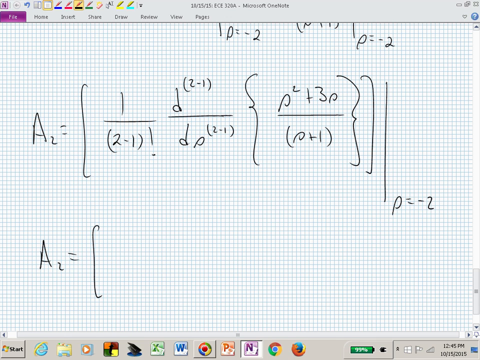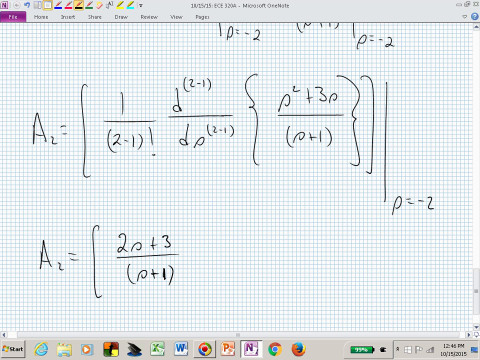Okay, so now let's take the derivative of the numerator. Well, no, I said I was doing the product rule, didn't I? So let's consider we have s squared plus 3s as my first term, and (s plus 1) raised to the minus 1 is my second term in this product. So I'm going to say the derivative of the first, which is 2s plus 3, and there's (s plus 1) to the minus 1, times the derivative of the second times the first.